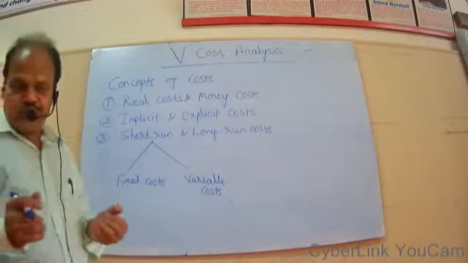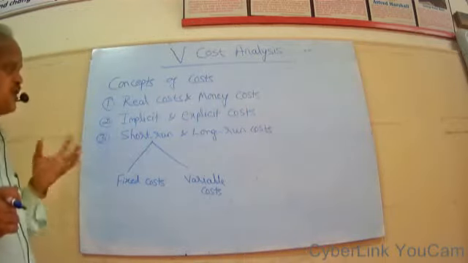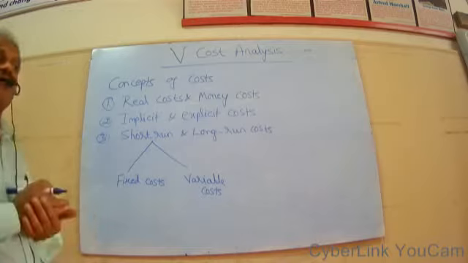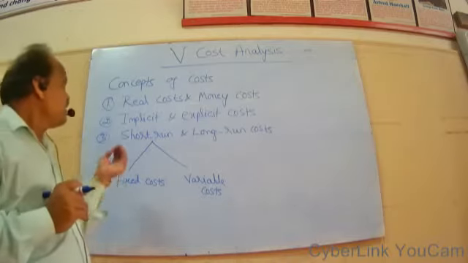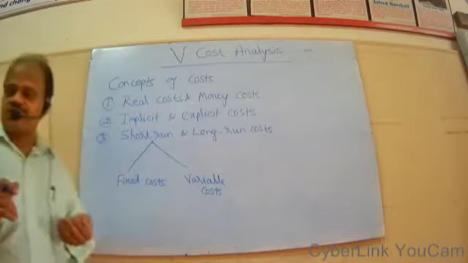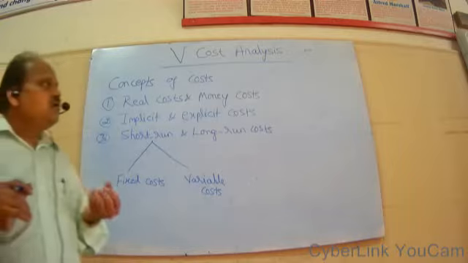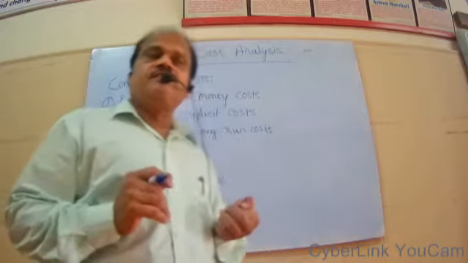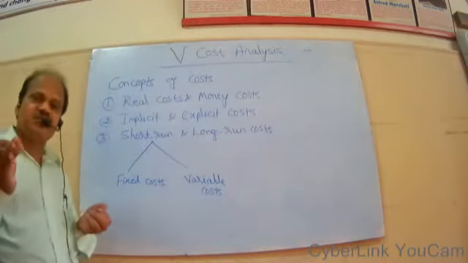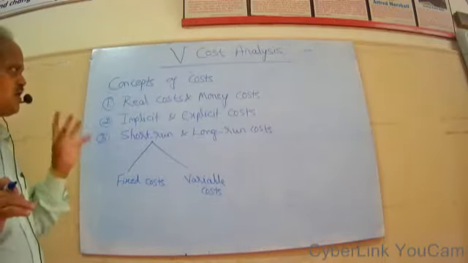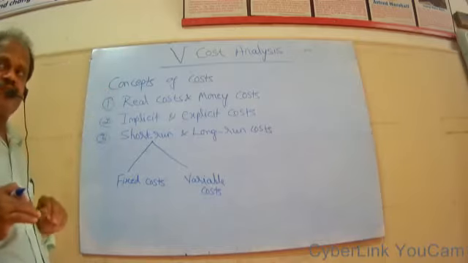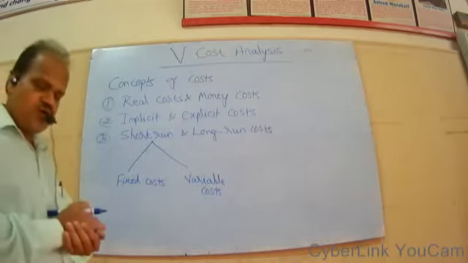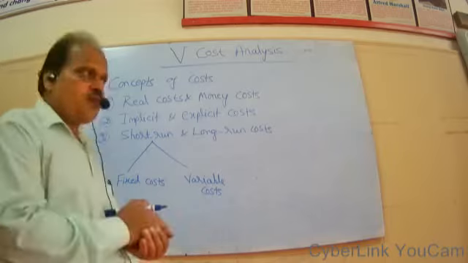I will also give you a cost table, how to prepare a cost table including different concepts of costs. Let us also try to understand the cost function. There is a functional relationship between output and cost of production. Let us study different cost functions also.